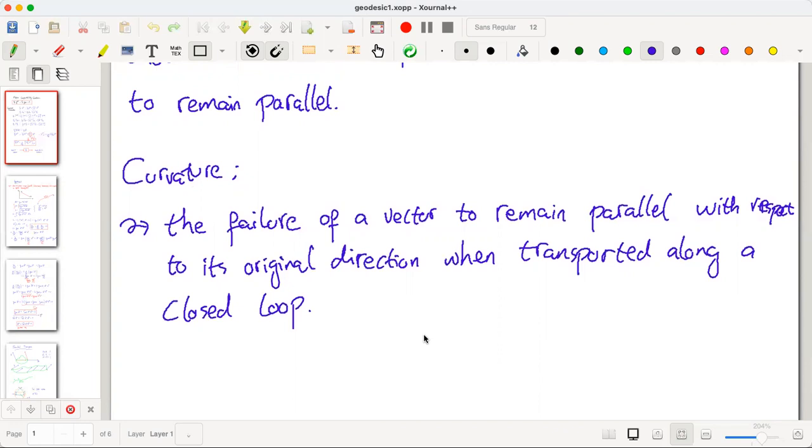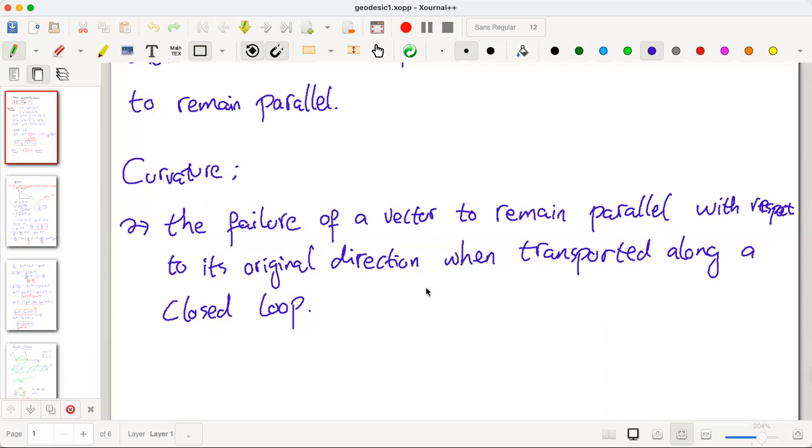What is the problem? You see here that if you draw any arbitrary closed loop, it might be that with the choice of your closed loop, the vector remains parallel when it is transported along the closed loop. When that happens, that's not necessarily the proof that the manifold is flat.